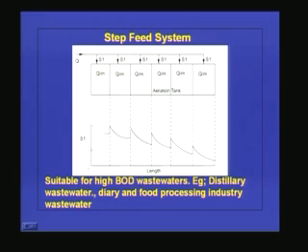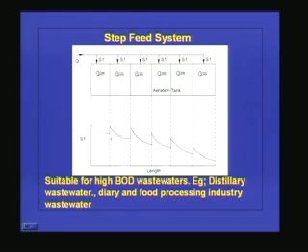If you see the BOD profile along the length of the reactor, what will happen? Here you will have S1, and as it moves from here to here, degradation will take place and this will reduce. Then we add fresh sewage in the second compartment, so it will slightly increase and again decrease.